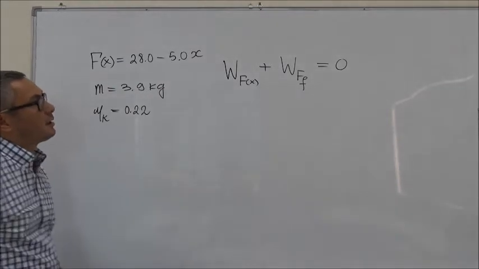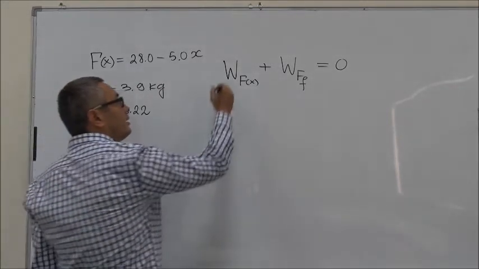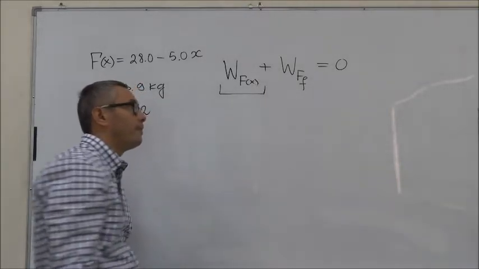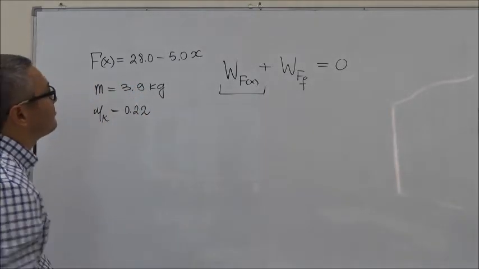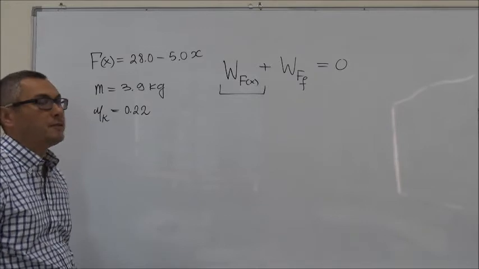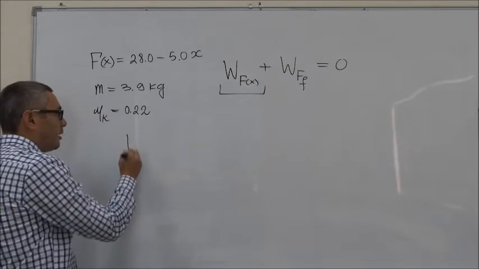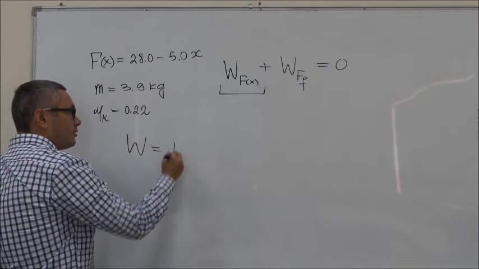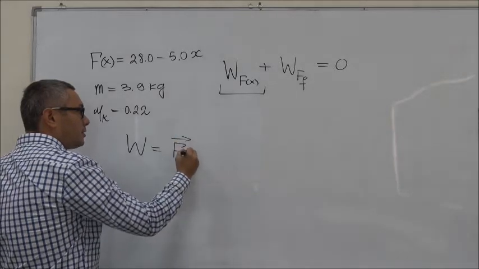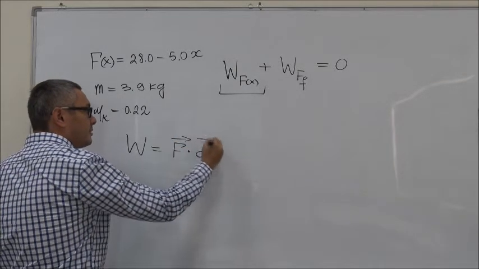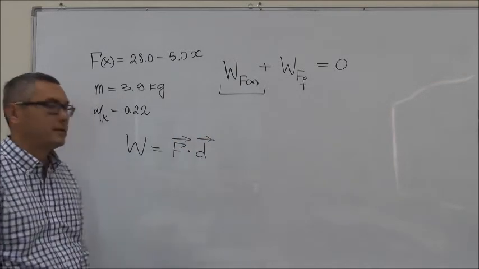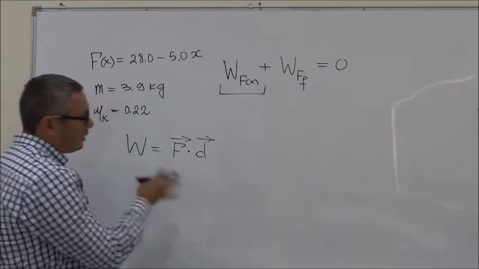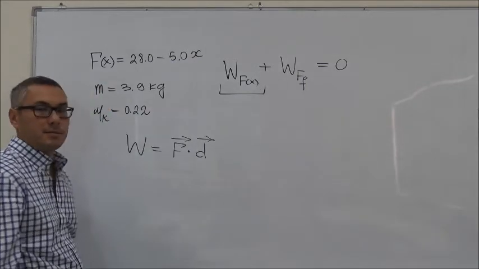Now let's first calculate the work done by the force F. Now we know that in a simplified form, the work done by a force is equal to the force dot displacement. Now this is for a constant force, and d is a displacement vector.